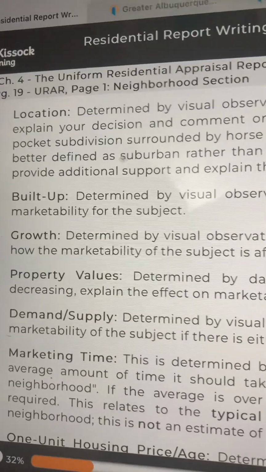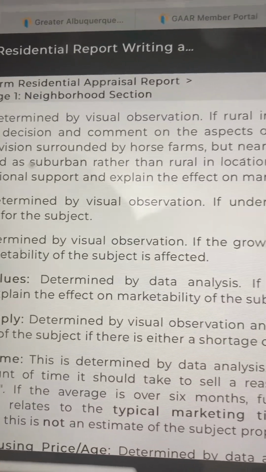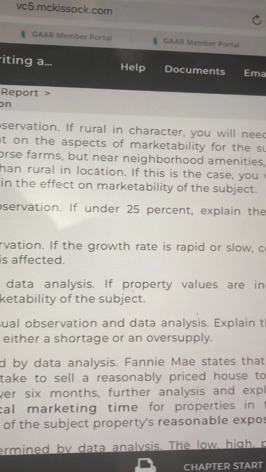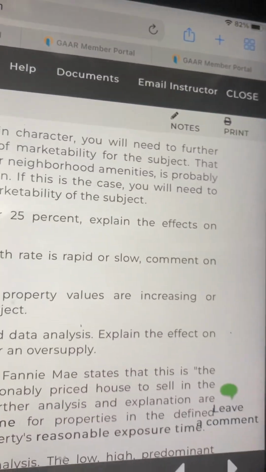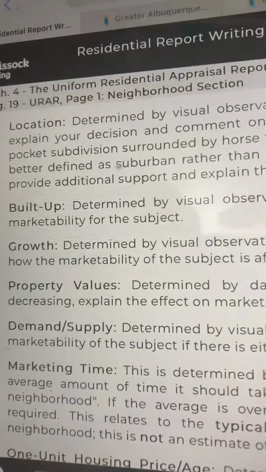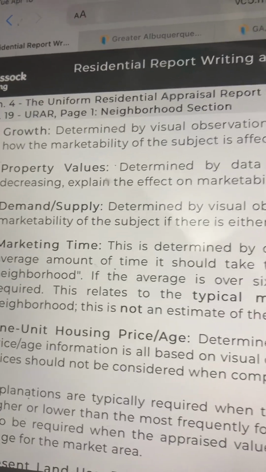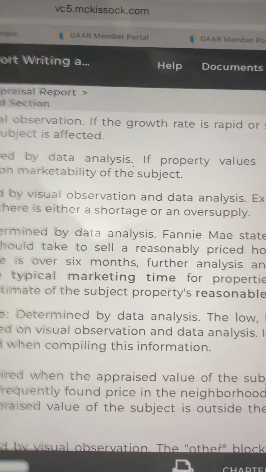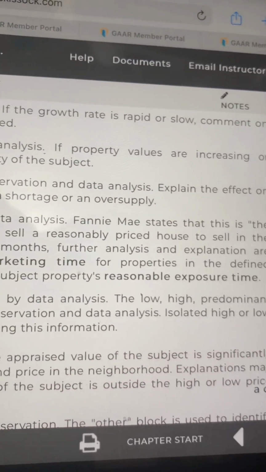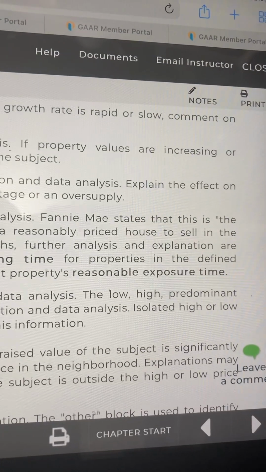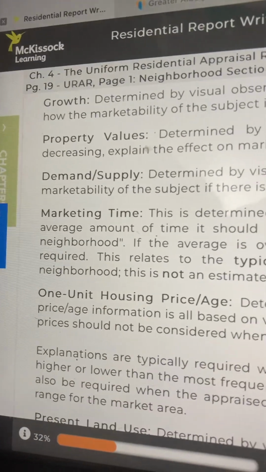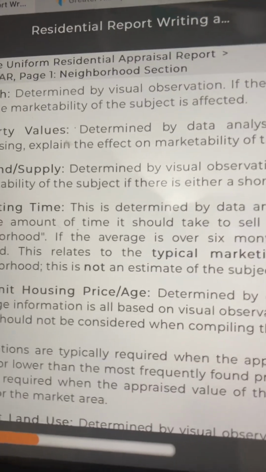Built up. Determined by visual observation, if under 25%, explain the effects on marketability for the subject. Growth. Determined by visual observation, if the growth rate is rapid or slow, comment on how the marketability of the subject is affected.